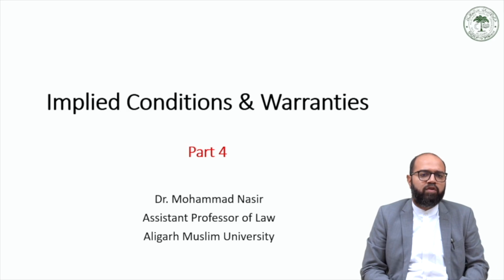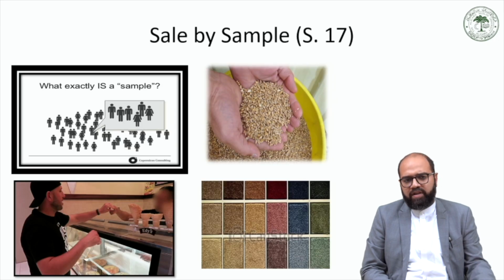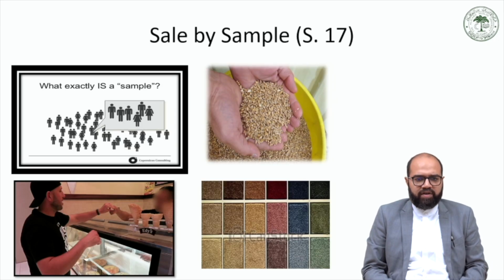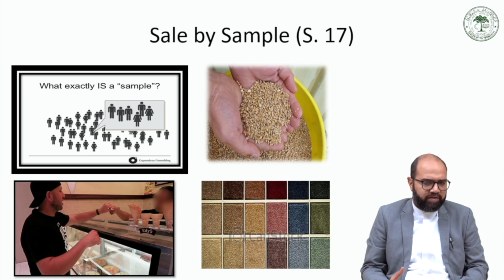So the implied condition that we are going to take up in this lecture is sale by sample, which is provided under section 17. While it does provide an implied condition in a sale by sample, it does not define what is a sample. Generally speaking, a sample is a representative of a larger quantity.